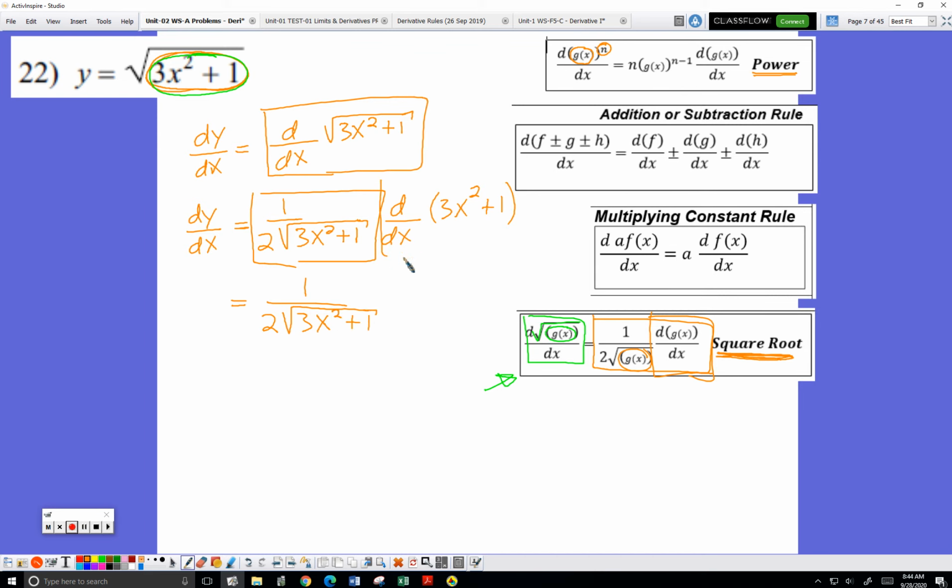Okay, just like before, I use another rule. So that's the add-subtract rule. So I'm going to split that into a parenthesis: d of 3x squared divided by dx plus d of 1 over dx.